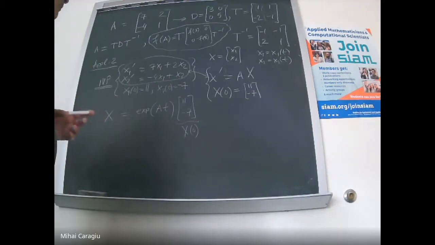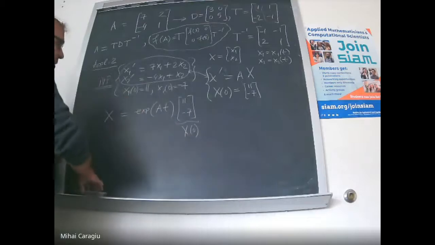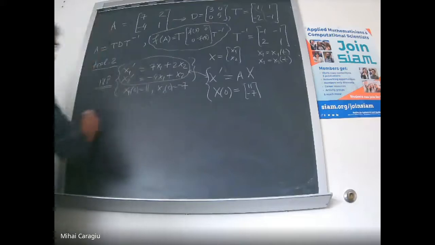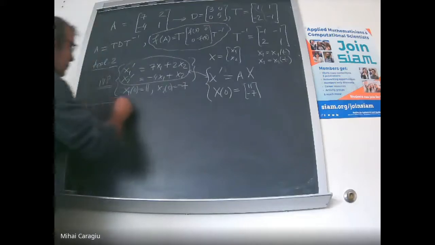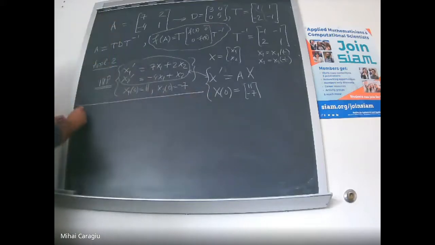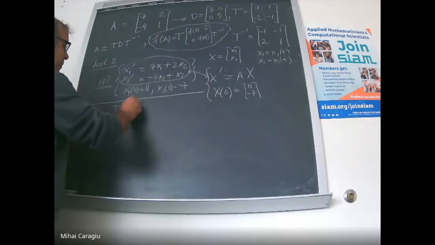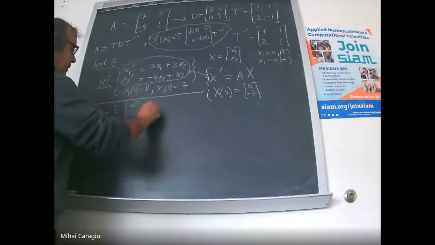Okay, so let's try to do first the exponential of at. So we need some space here. The exponential of at is t times e to the power 3t, 0, 0, e to the power 5t.